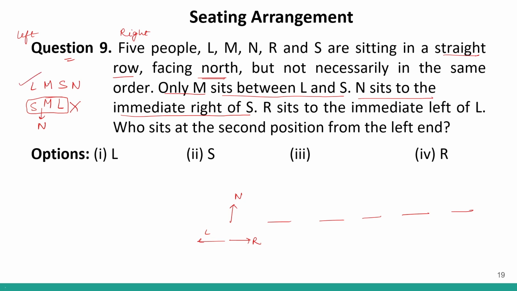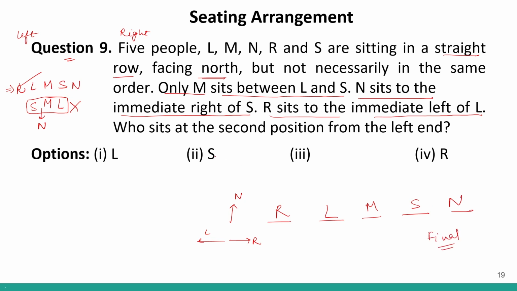This is correct: L, M, S, N. These 4 people sit together. And R sits to the immediate left of L, so R will come over here. This will be my final arrangement: R, L, M, S and N.